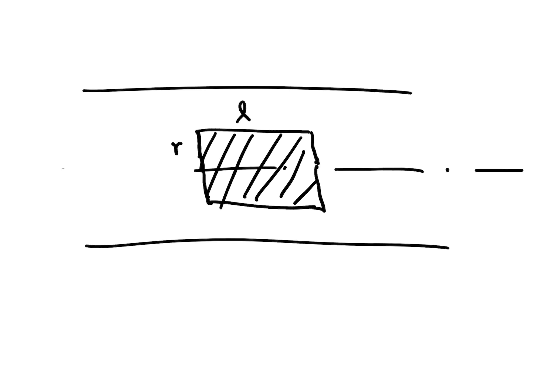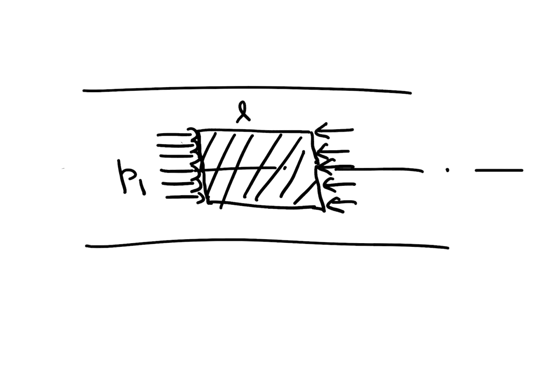On the left face of the cylinder, a pressure of P1 acts. A little bit down the line, a pressure P1 minus delta P acts on the right face.